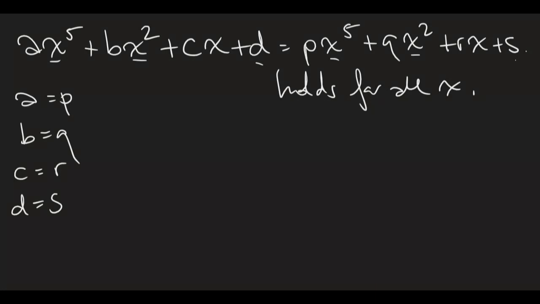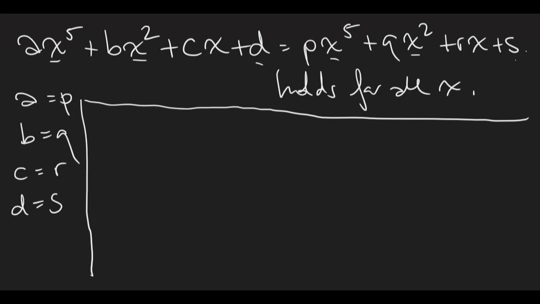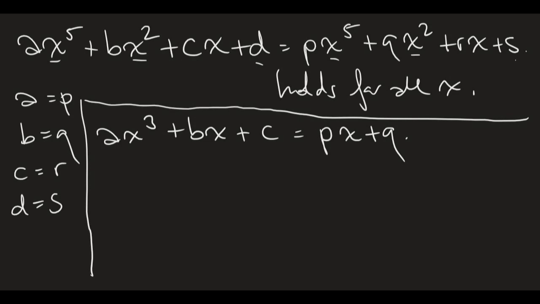And if we had an identity that doesn't even look particularly similar, like let's say we have ax cubed plus bx plus c equals px plus q, and this holds for all x, then we can say that we have an implied x cubed term here with a 0 in it. So we could write it out again if you wanted to.